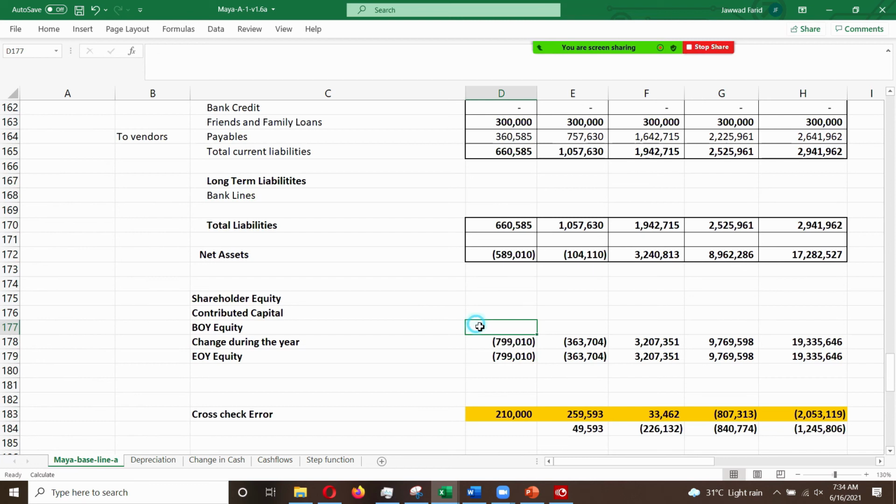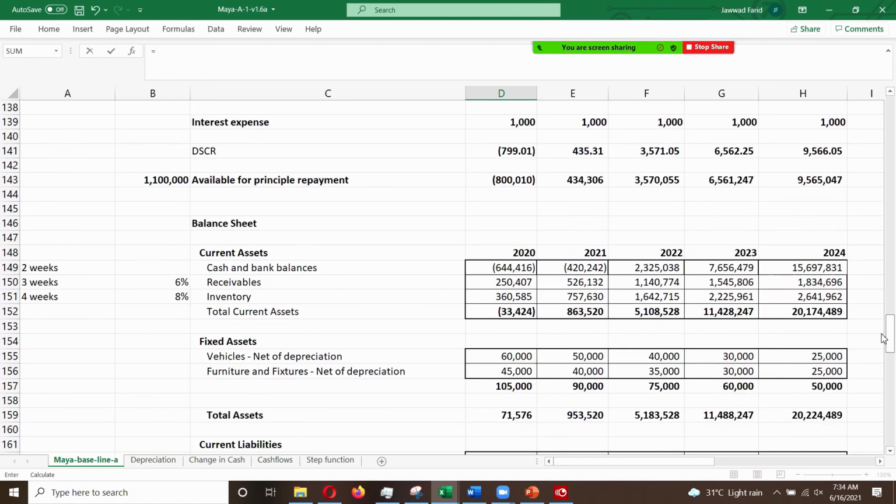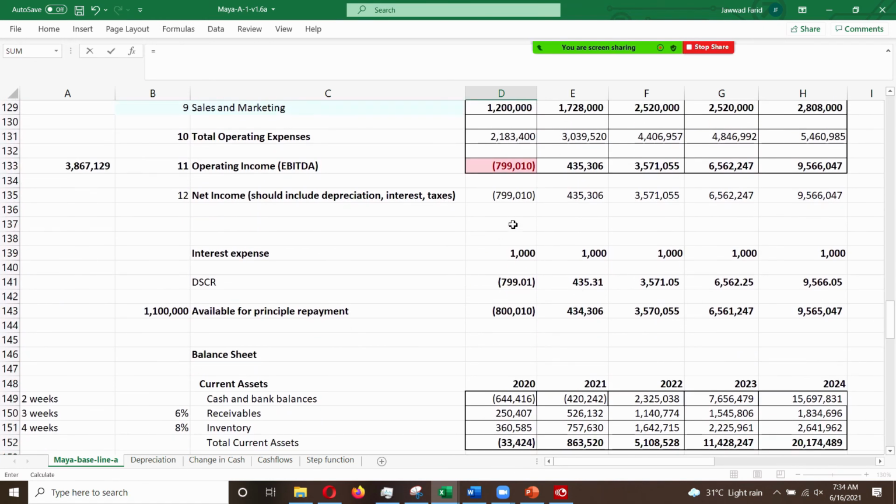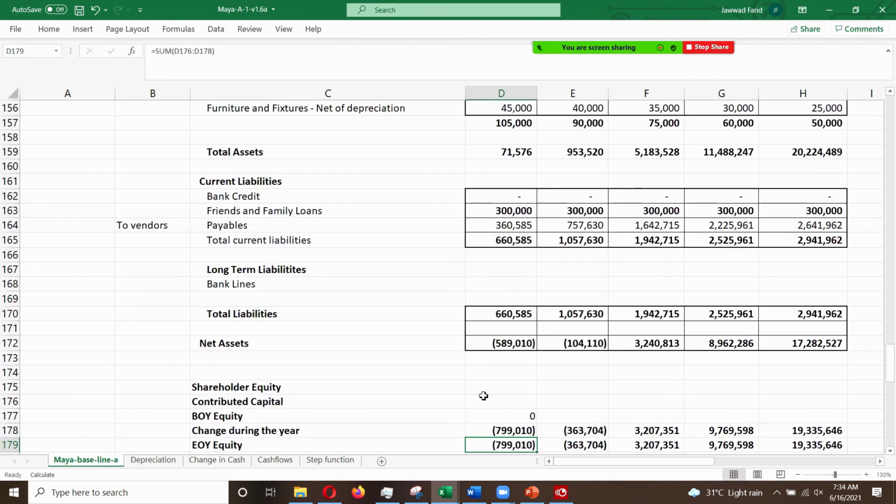So my beginning of year equity value is going to be 0. Change during the year is going to be your net income figure, this figure here, and my end of year is going to be this plus this value.